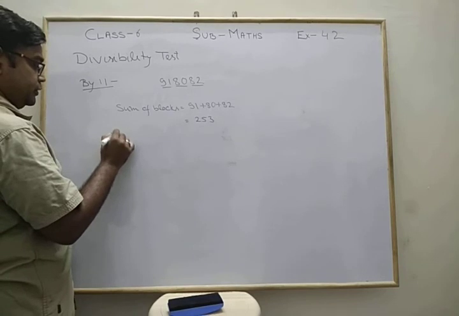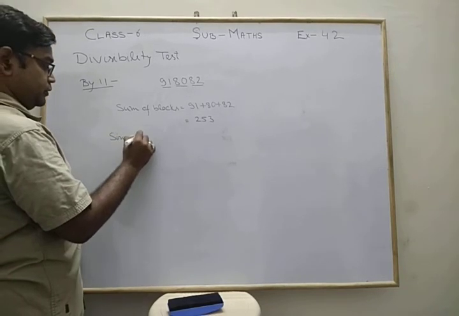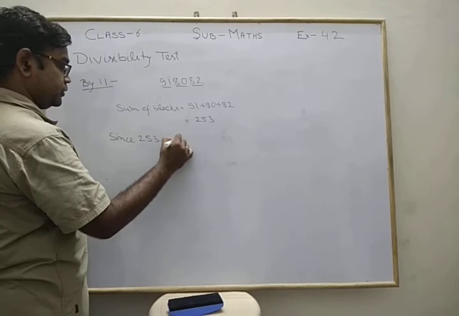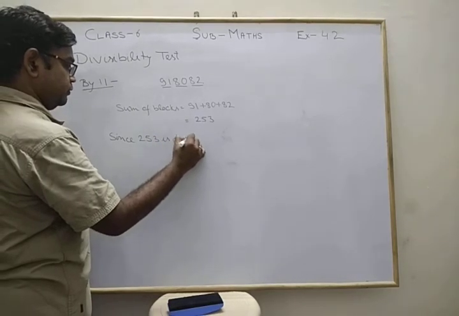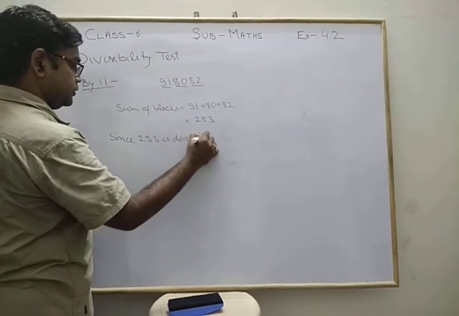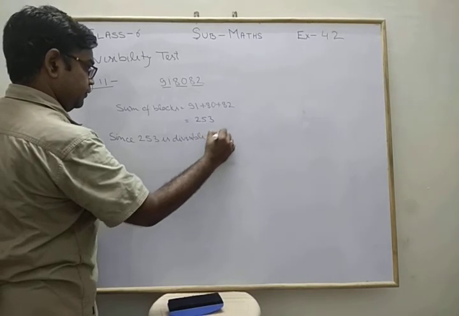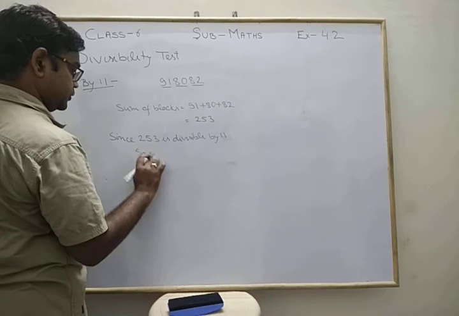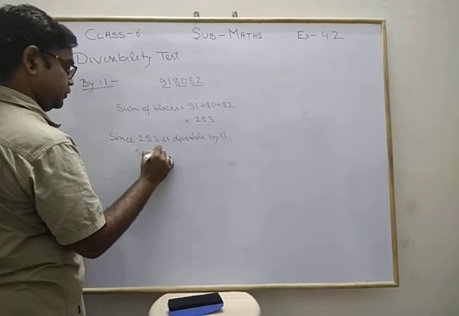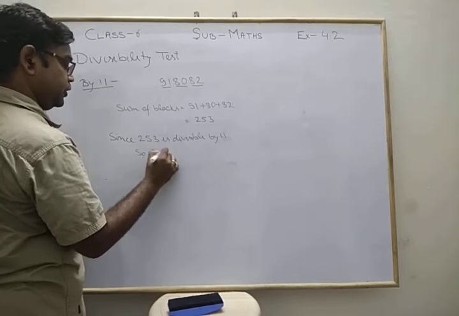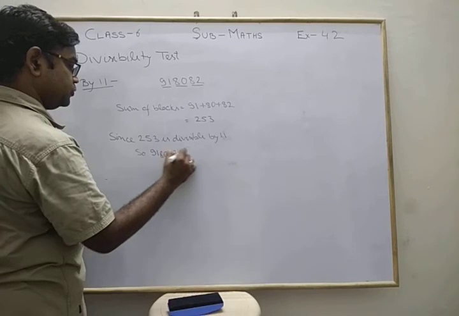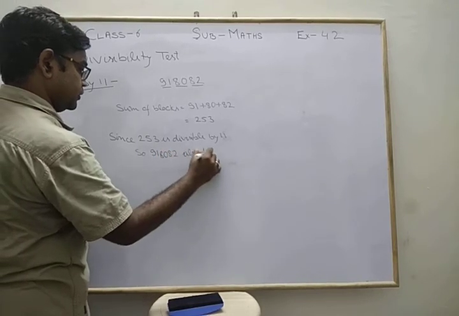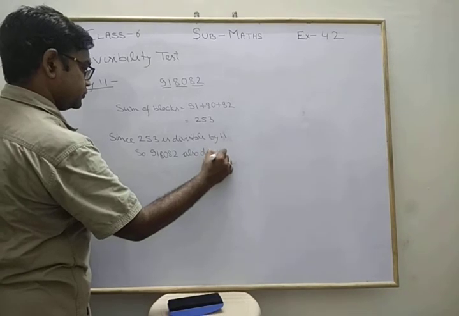So we can write: since 253 is divisible by 11, 918082 is also divisible.